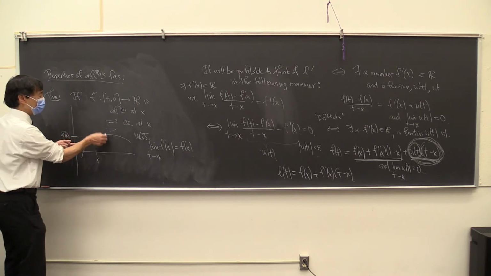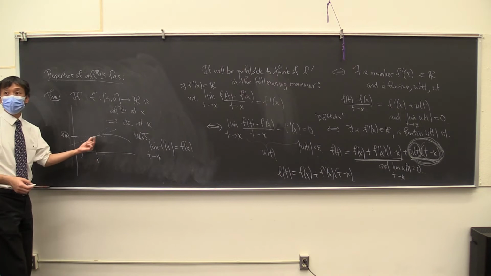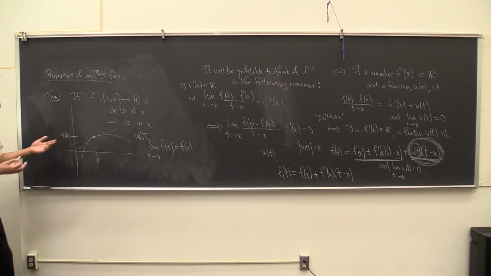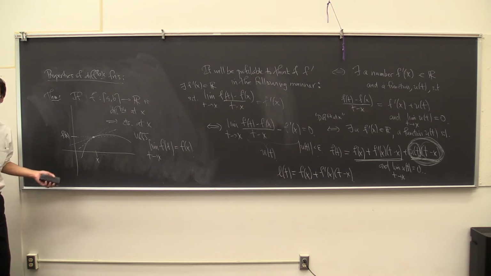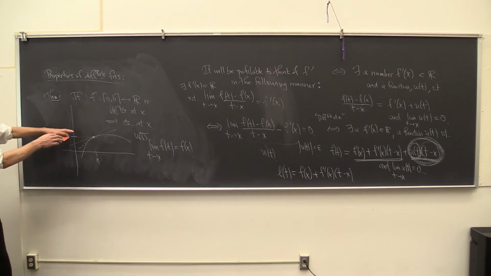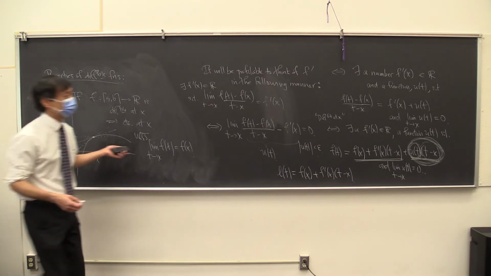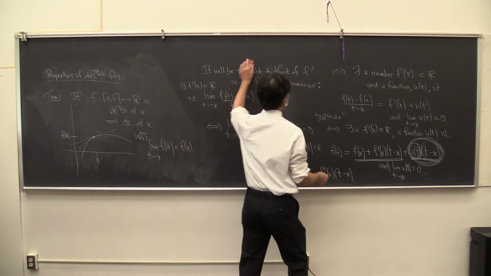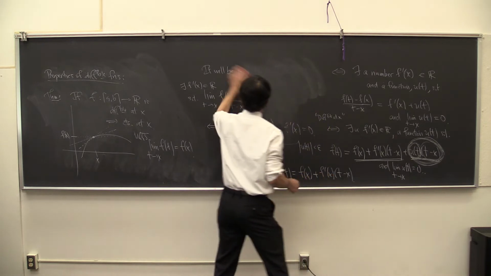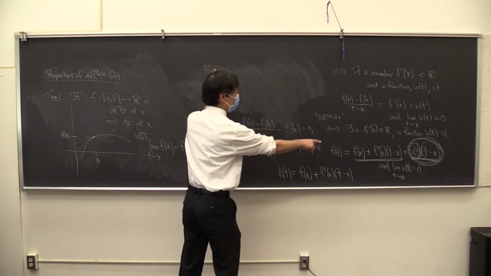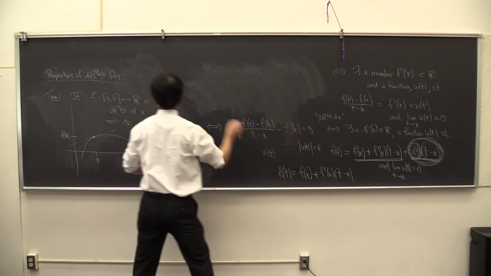So the function trapped between them is going to go to f of x also. That's the intuitive way of thinking of this as the tangent line thing. It's maybe even more straightforward to just use this fact here.